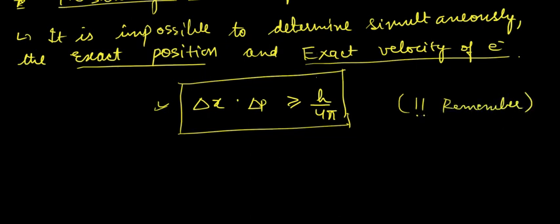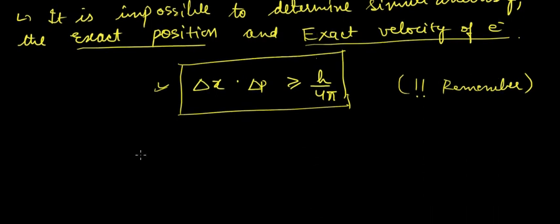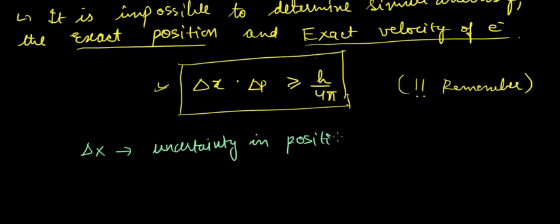With a few questions and practice, you will be able to quickly memorize it. Delta x is the uncertainty in position, and delta p, as always, is the uncertainty in momentum.